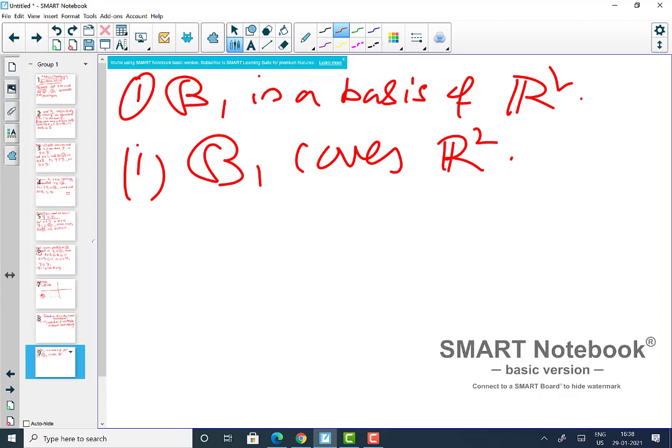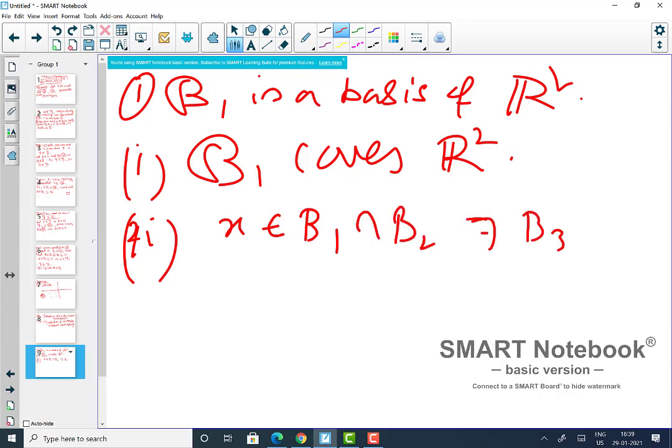If you choose any point on the plane, you can always find a circle that contains it. And number two, remember the second condition: if a point is inside the intersection of two basis elements B1 and B2, then there exists some B3 containing the point which is also a subset of that intersection. You can easily see that pictorially.